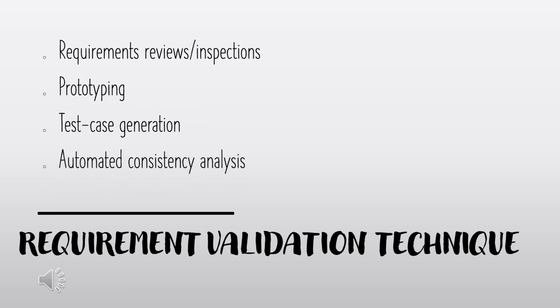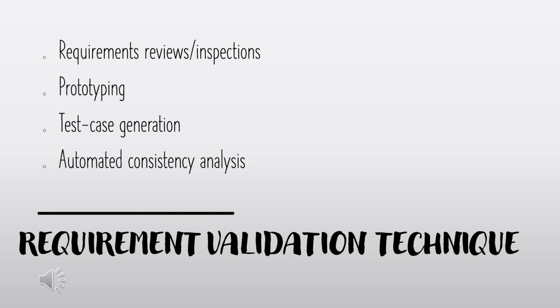The requirements validation techniques are requirements reviews or inspections. These are systematic manual analyses of the requirements. Prototyping: this is using an executable model of the system to check the requirements.